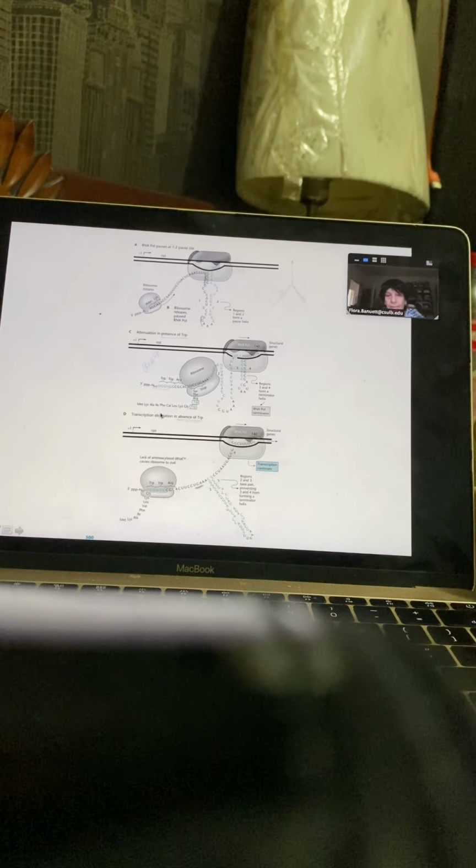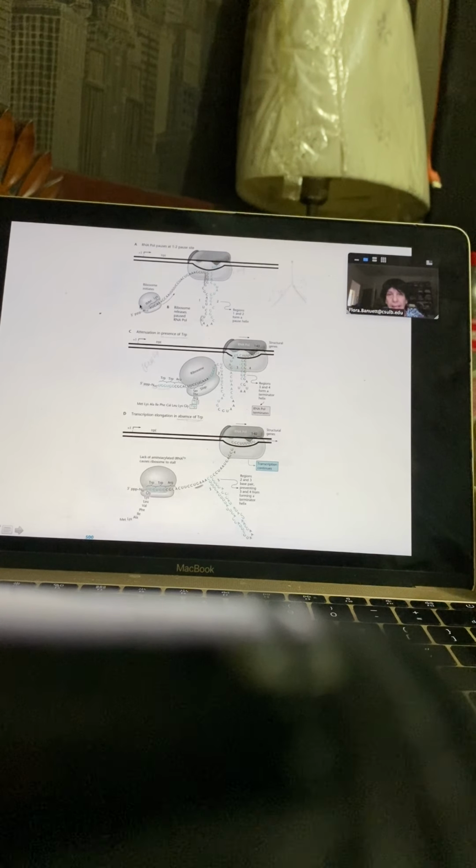Okay, so without tryptophan, again, RNA polymerase transcribes the region, behind it comes the ribosome and encounters, remember, the Trp codons are here.